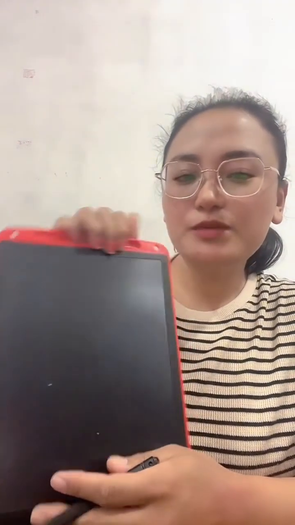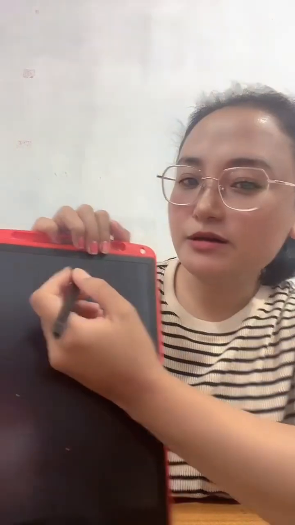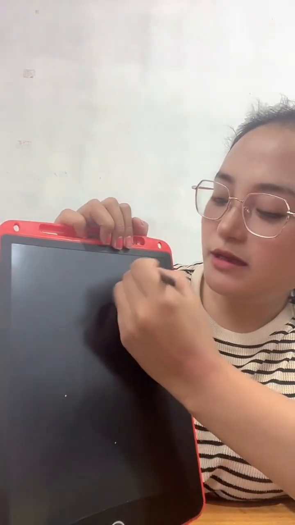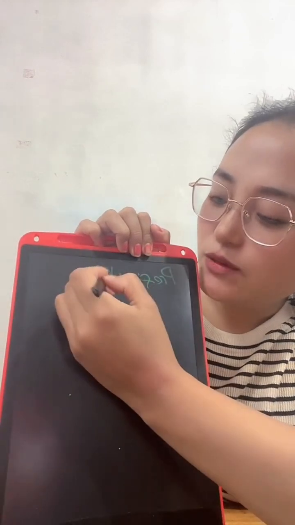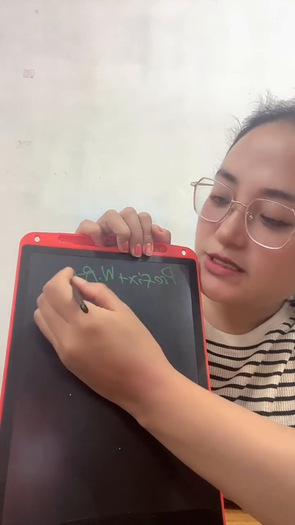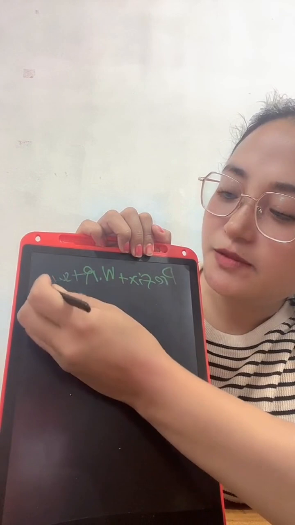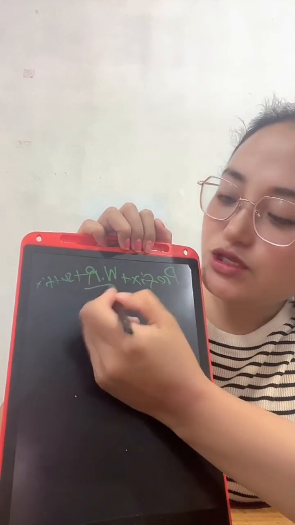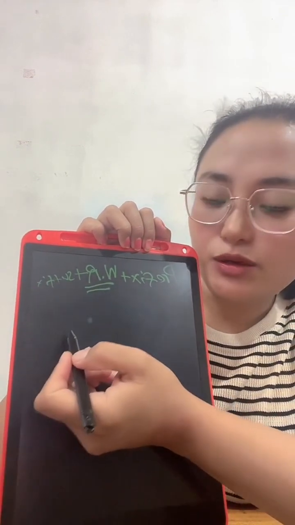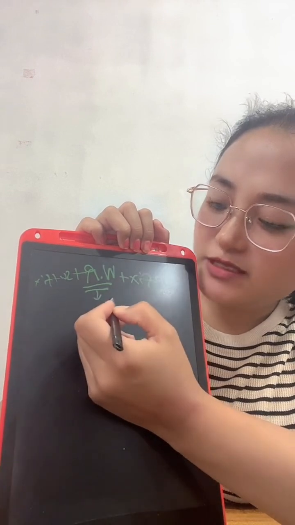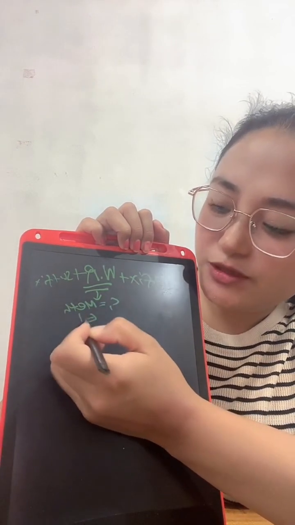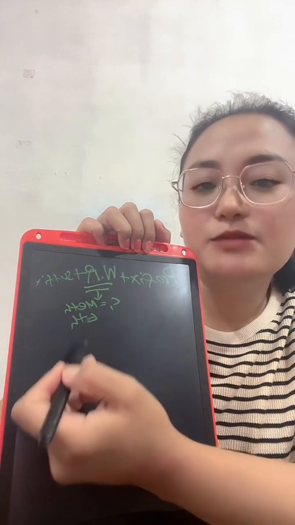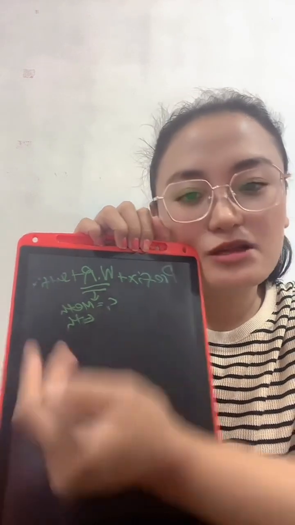So IUPAC naming. Remember, IUPAC naming has three things: prefix plus word root plus suffix. The word root, for example, carbon 1 is meth, 2 is eth, then prop, but, pent, hex, based on the number of carbons.